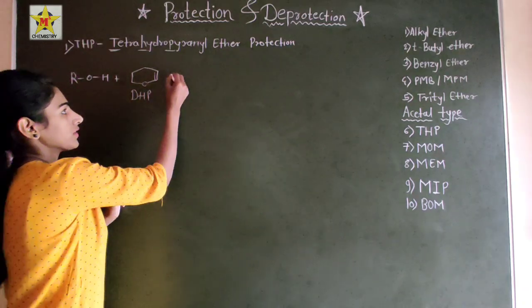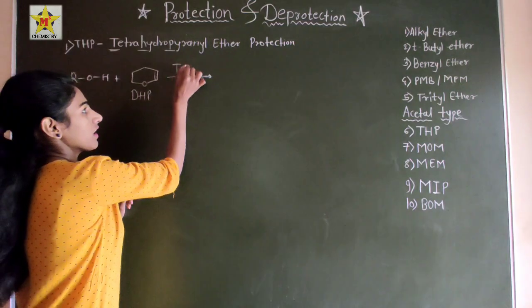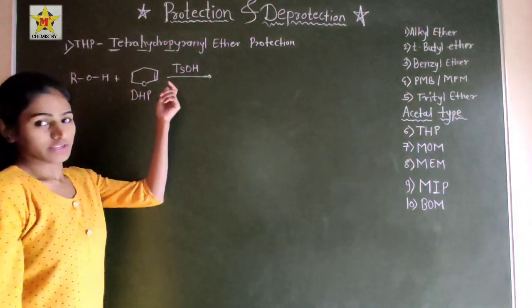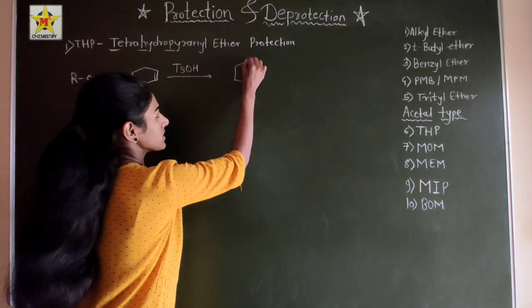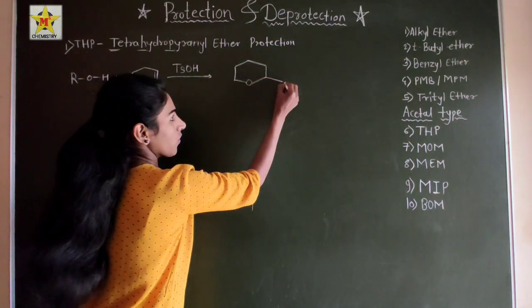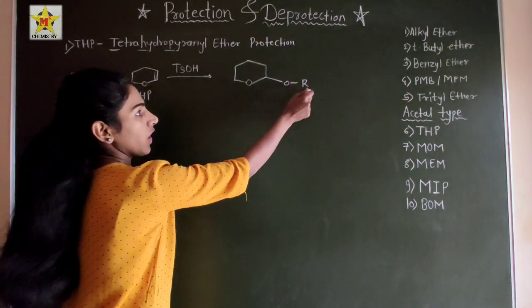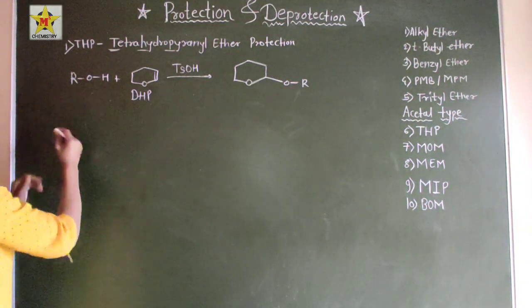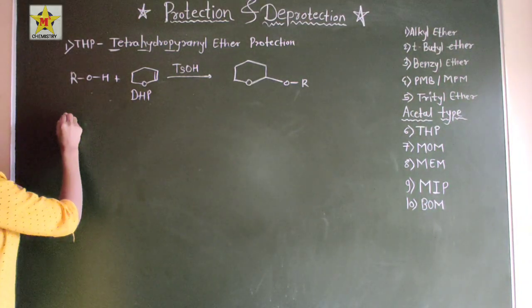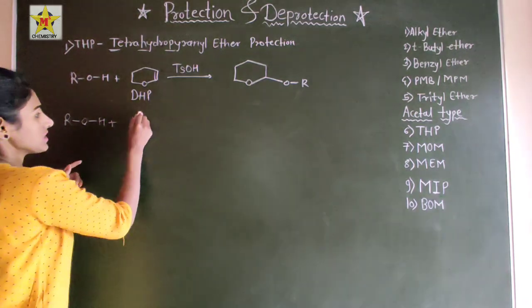DHP, in presence of anhydrous acid salt, we obtain the product like this, OR. Here acetal type of protection is obtained. So its mechanism: ROH as it is.